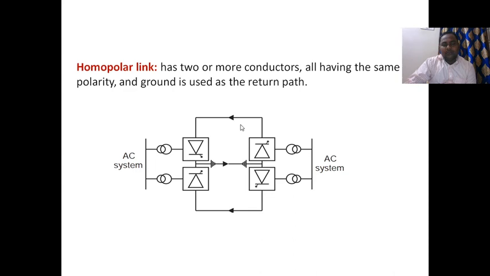The negative conductor has less corona loss compared to positive conductors. Normally, comparing AC and DC, DC has less corona loss because of frequency, and the negative conductor also has less corona loss because it is a negative charge.